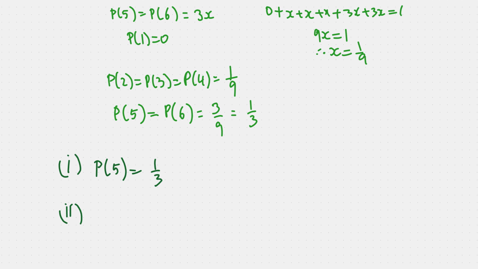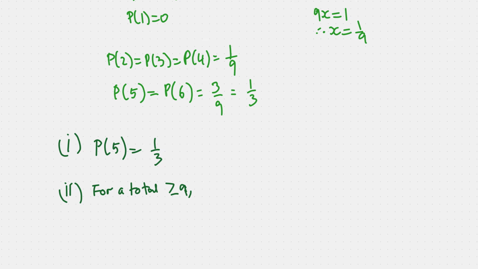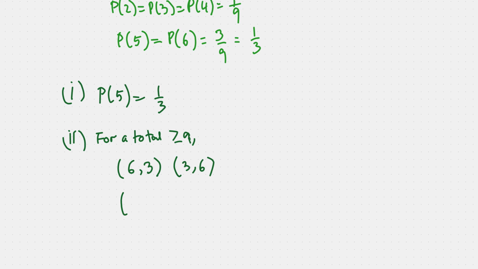For a total greater than or equal to 9, what we can do is start with 6. You can have a 6 and a 3, that's the minimum that we need, or you can have a 3 and a 6, and then you can have a 6 and a 4, or a 4 and a 6.